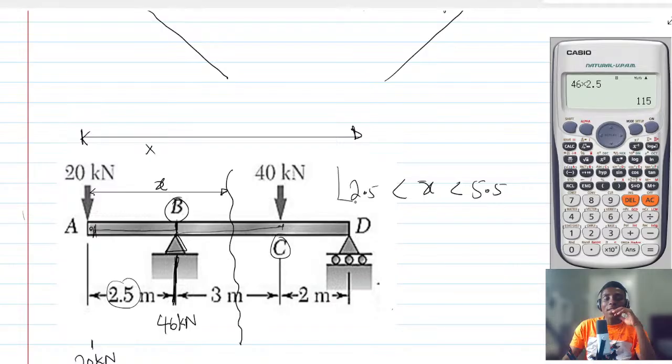So the x that you are interested in runs from 2.5 to 5.5.